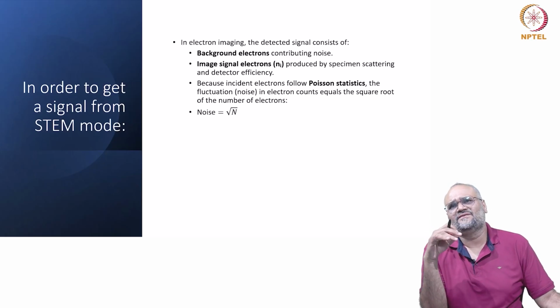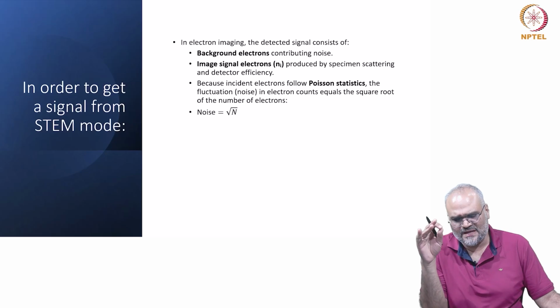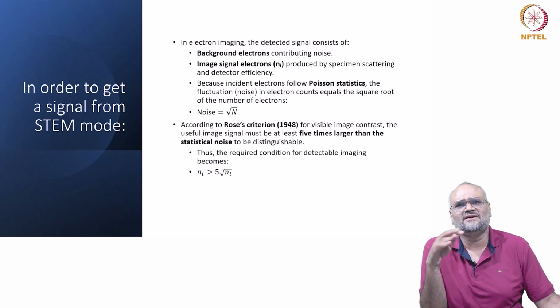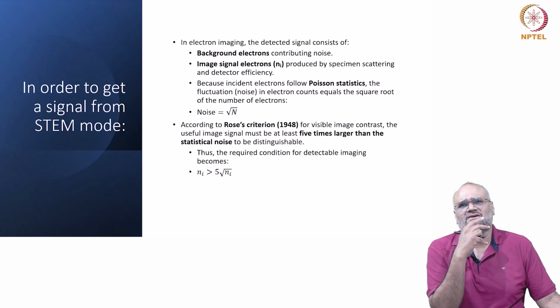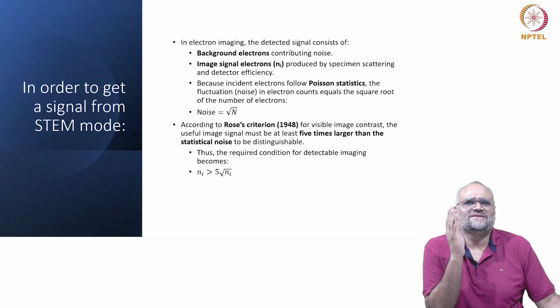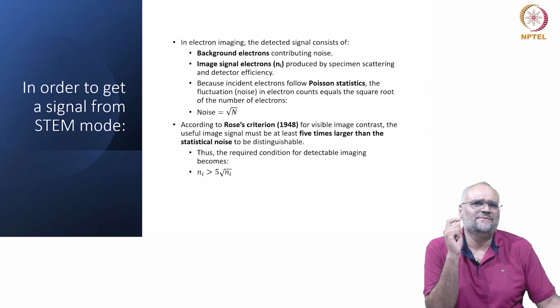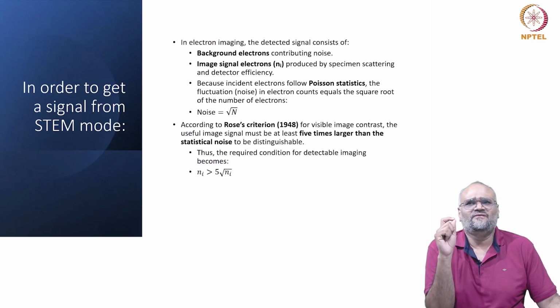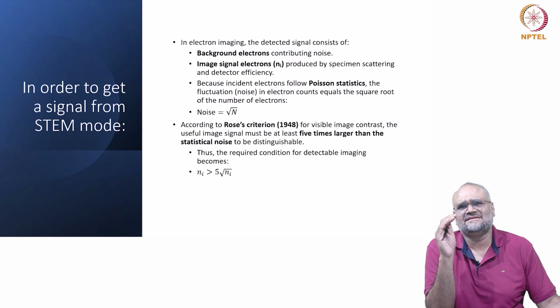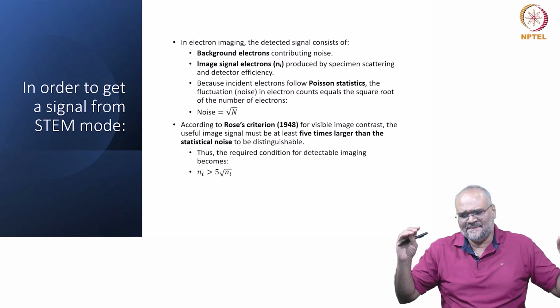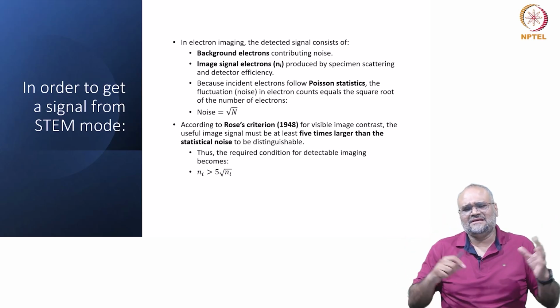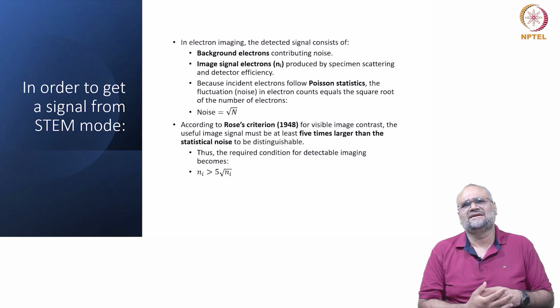The fluctuation of the noise is somewhat equal to the square root of the number of electrons from the background, and according to Rose's criterion for visible image contrast, the useful image signal must be at least 5 times larger than the statistical noise. So imagine I have a specimen and I am collecting the forward scattered electrons.